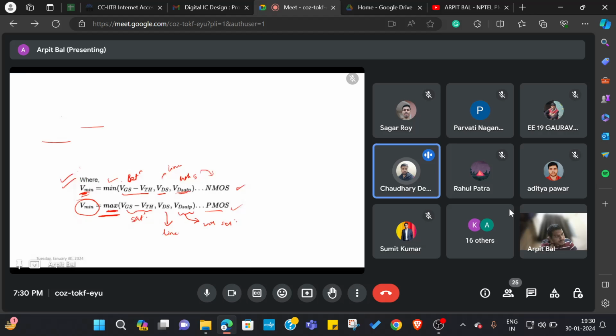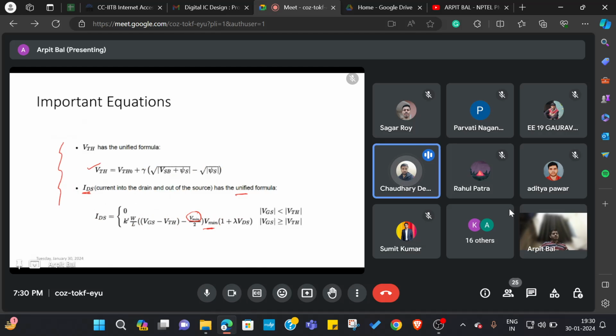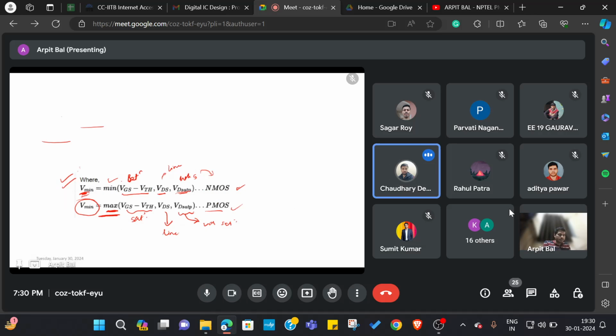The previous slide, that point. VGS minus VT is a voltage, VDS is also a voltage, VD saturation is a value you also told. This is the velocity, this is voltage.